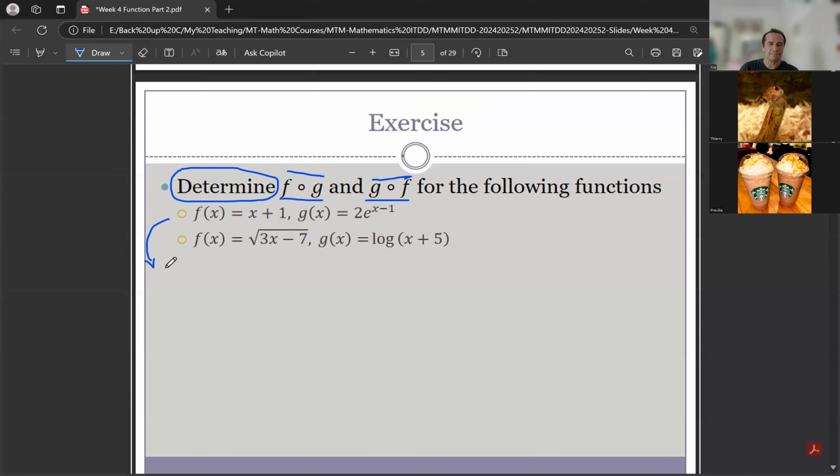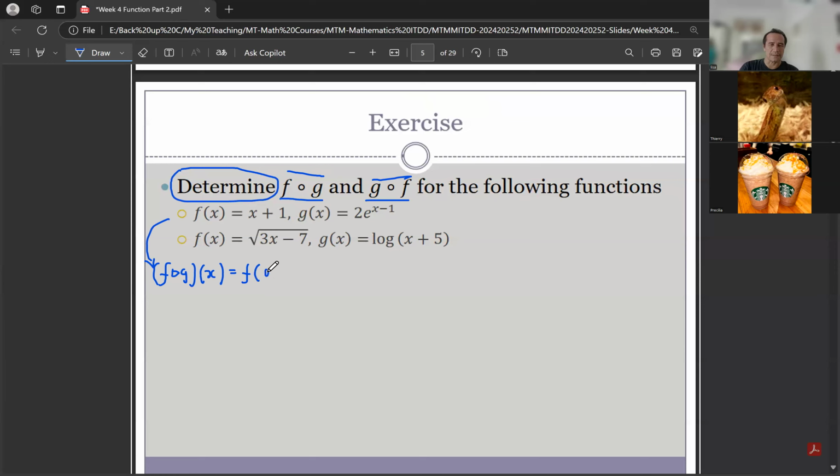So what should we have? This is f∘g applied to x, which is f(g(x)).